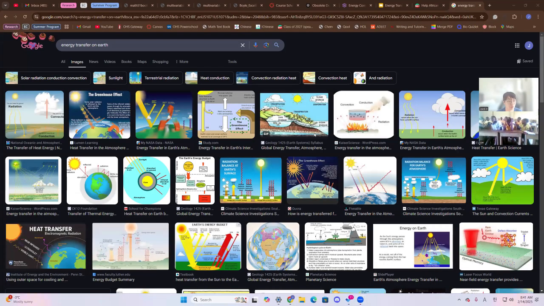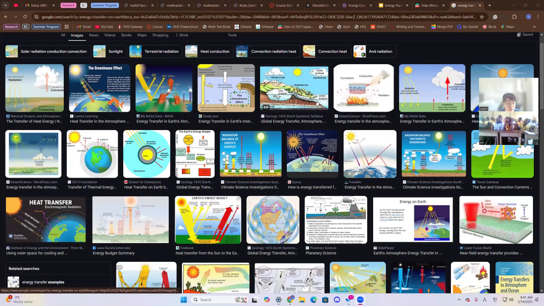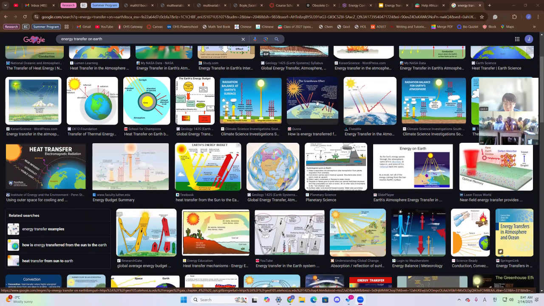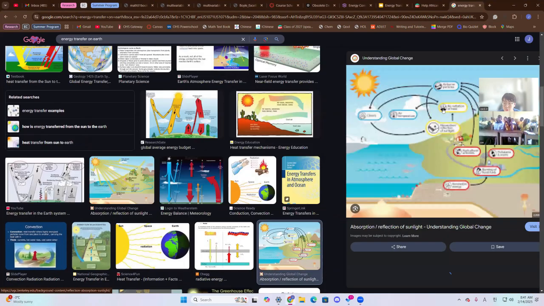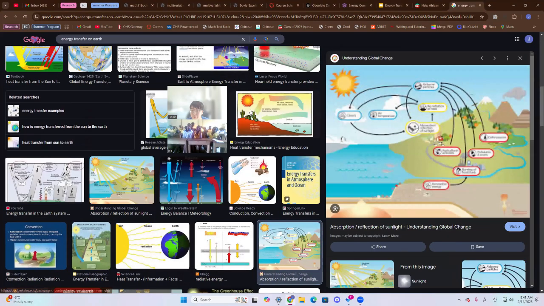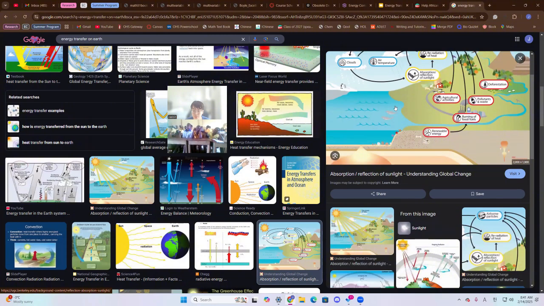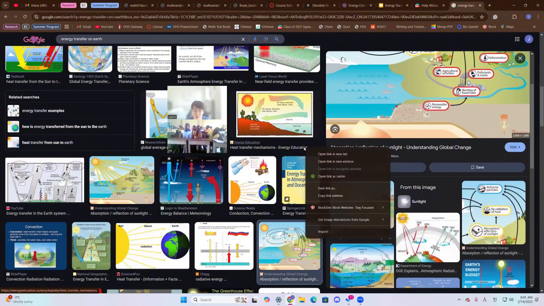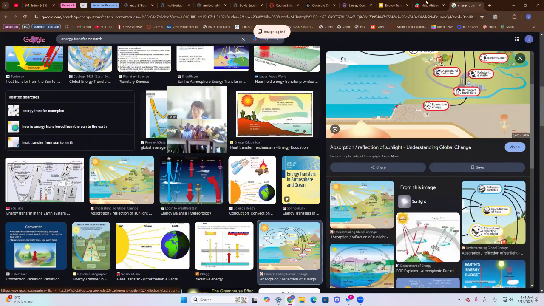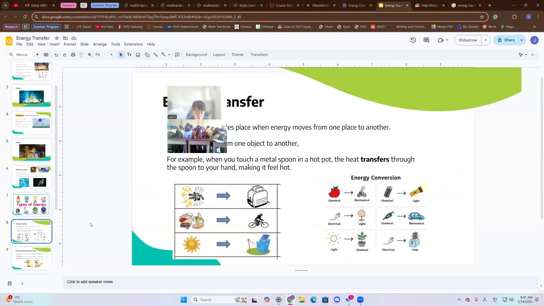I am looking through a couple of pictures and trying to see if there is a good example. For example, let's look at this picture in more detail.